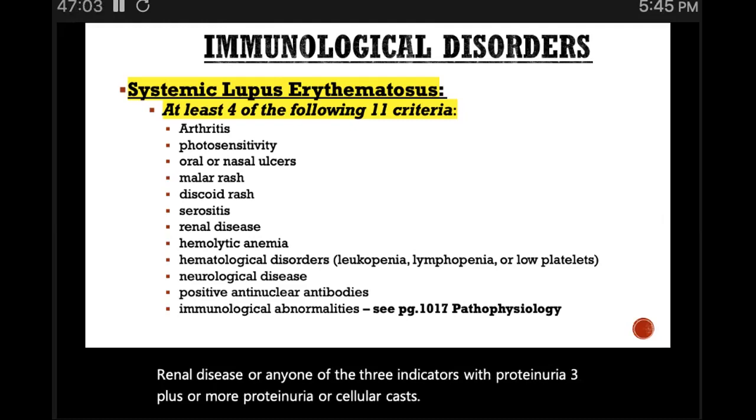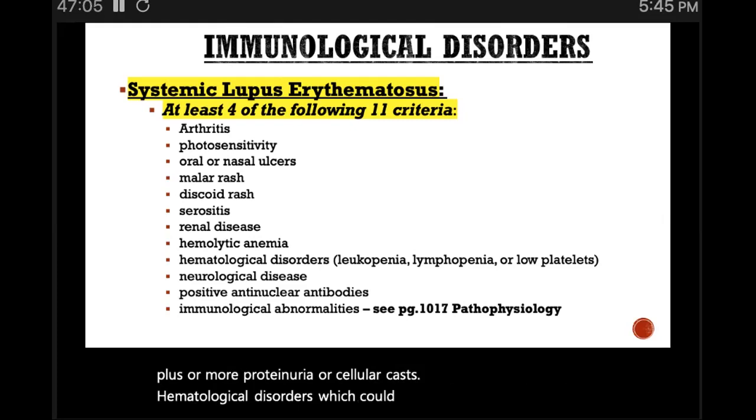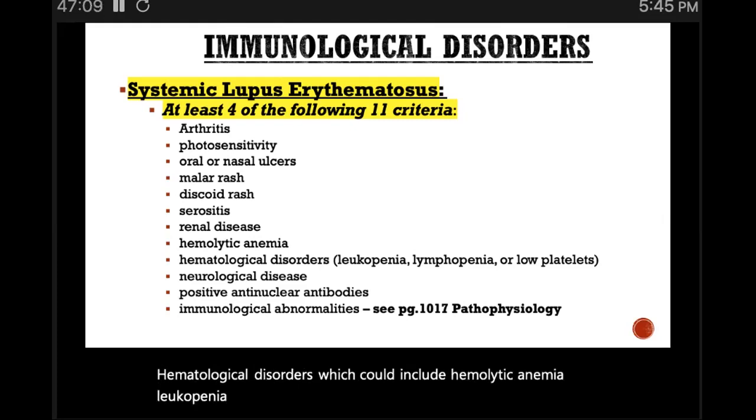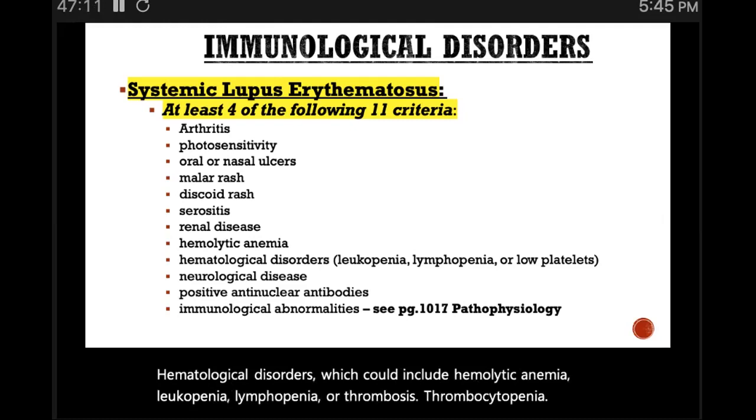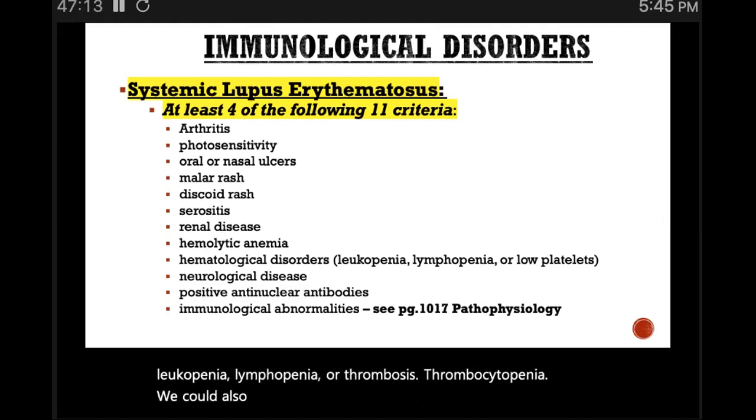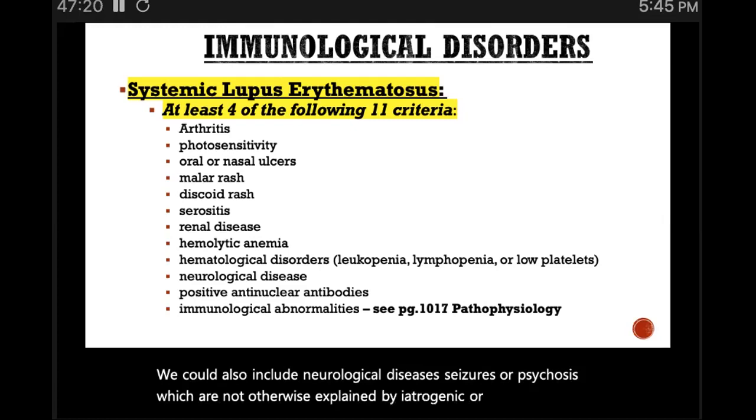Hematological disorders, which could include hemolytic anemia, leukopenia, lymphopenia, or thrombocytopenia. We could also include neurological diseases like seizures or psychosis, which are not otherwise explained by iatrogenic or metabolic causes.